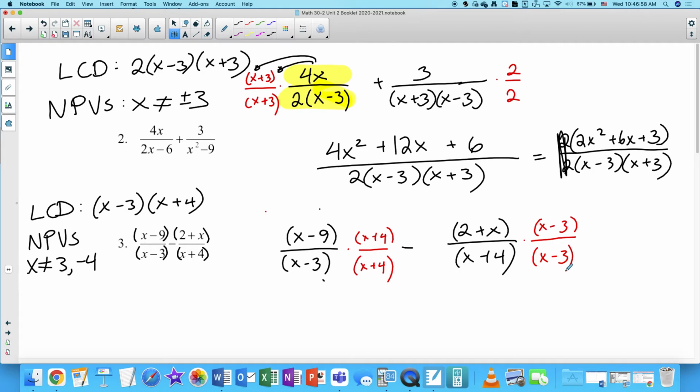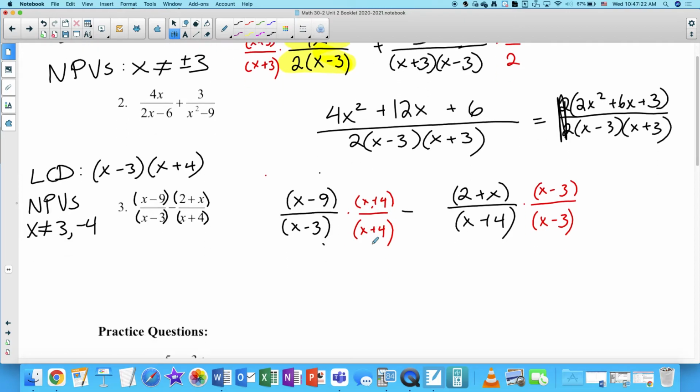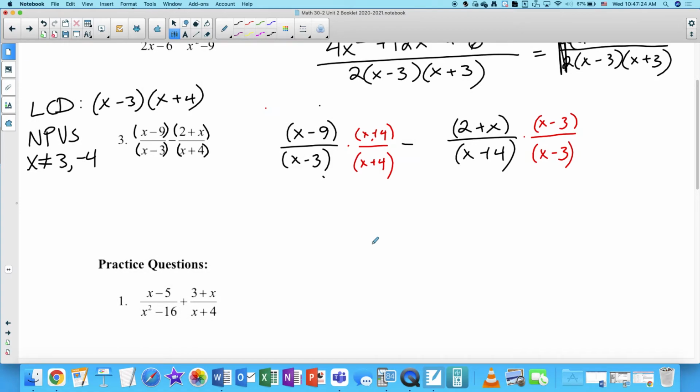But then this one involves a lot of simplification, okay, because in the denominator we can make the denominator now just x minus 3 times x plus 4. But we have to expand and simplify all of these numerators. Because if I expand here and I expand here, I'm going to have like terms, and I can collect those. Okay? Now, this is a subtraction question. And in subtraction questions, we can get ourselves into trouble if we take too many steps at once.